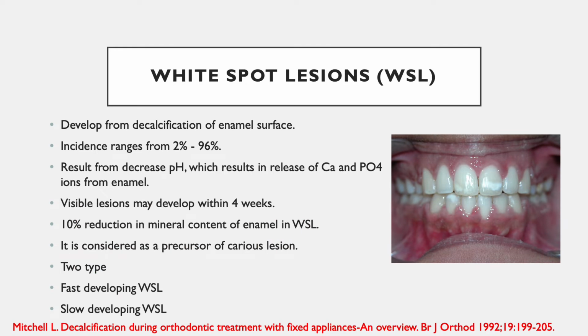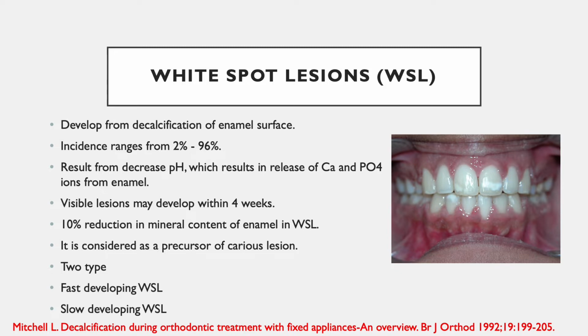White spot lesions. These lesions develop during the orthodontic treatment from decalcification of the enamel surface. They range from 2 to 96% in orthodontic patients. These spots are a result of decrease in pH, which results in release of calcium and phosphate ions from the enamel.